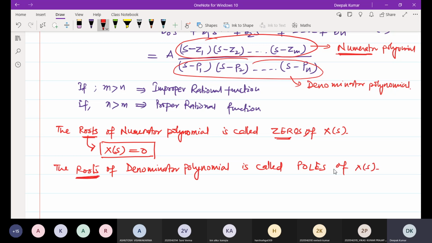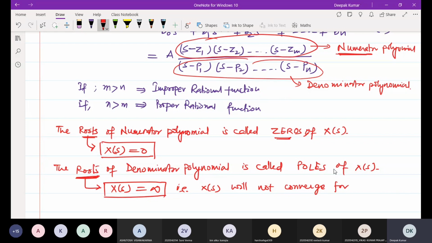A pole means this root will lead x of s to be infinite, that is, x of s will not converge for these roots of the denominator polynomial. This is the difference. This is the definition.